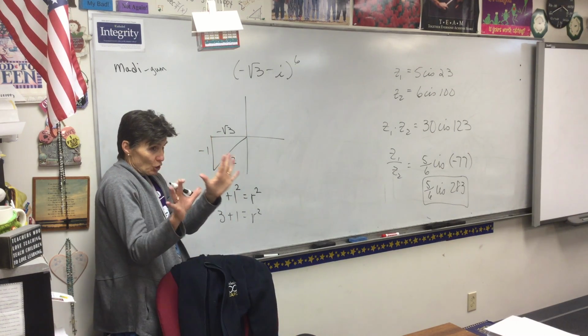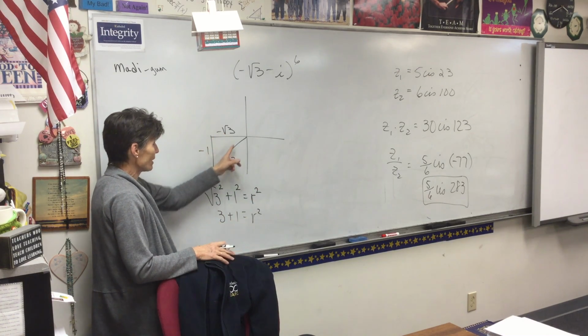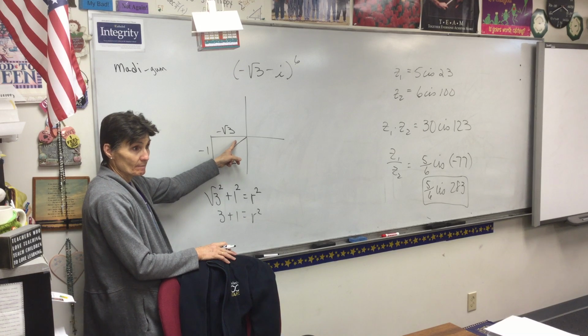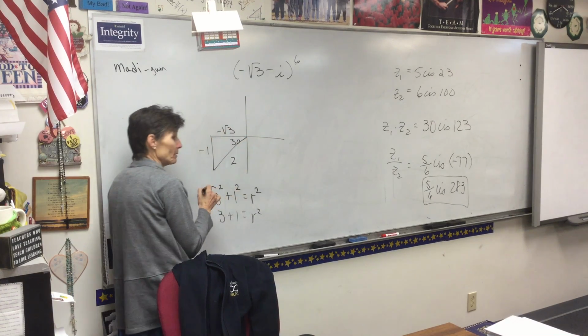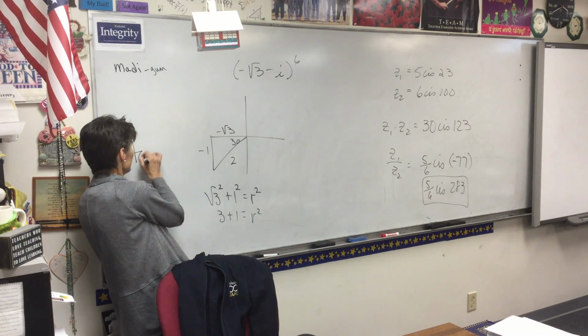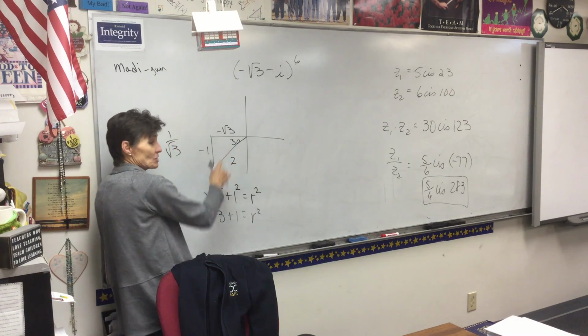If you're sharp, you're going to look at those numbers and say, whoa, I know how big that angle is. What is that? 30. That's a 30. If you're not so sharp, what are you going to type in your calculator? Second tangent 1 over root 3, and it's going to say 30.